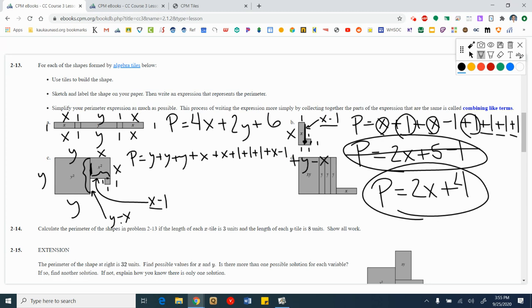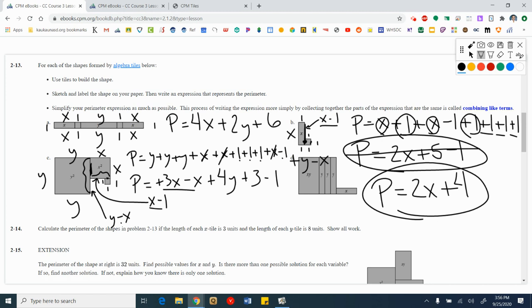All right, let's go ahead and round up all of our x's here. So I have 1, 2, 3. So plus x plus x plus x minus x. So I have plus 3x minus x plus 1, 2, 3, 4 y's plus 1, 2, 3 plus 3 minus 1.